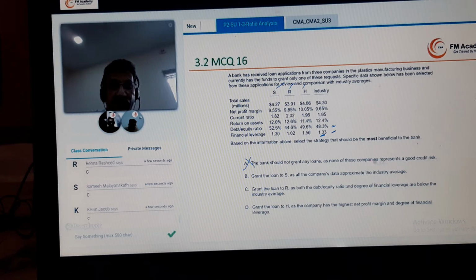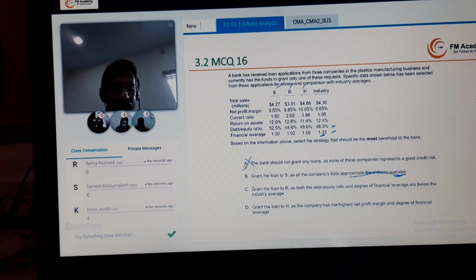Then, grant loan to all the companies that approximate the industry average. This per se is wrong, because you are not trying to give a loan to an average company, you are trying to give the loan to the best company, not to the average. You are going to give loans to companies which are better than the average. So approximating industry average is not really a good thing as such.